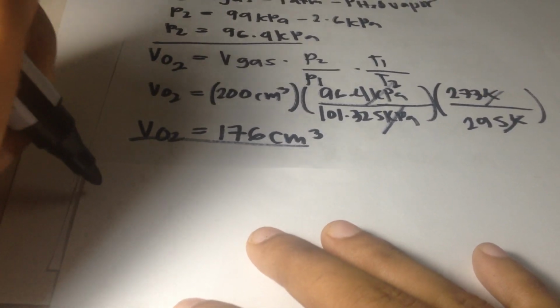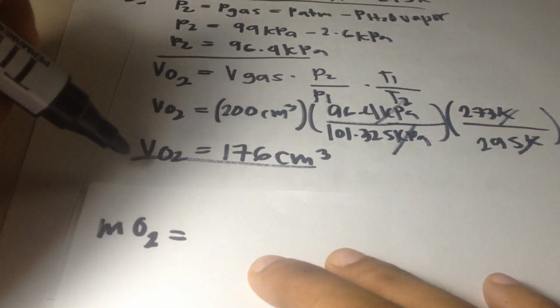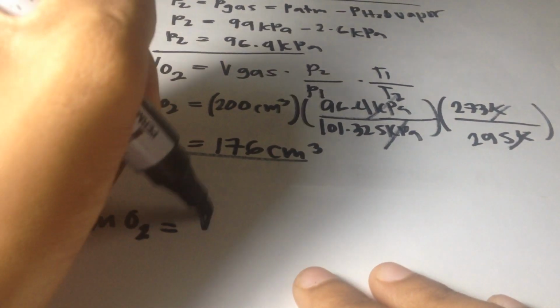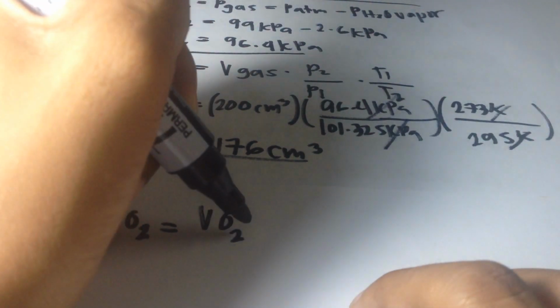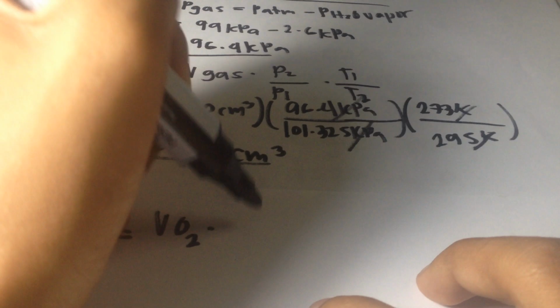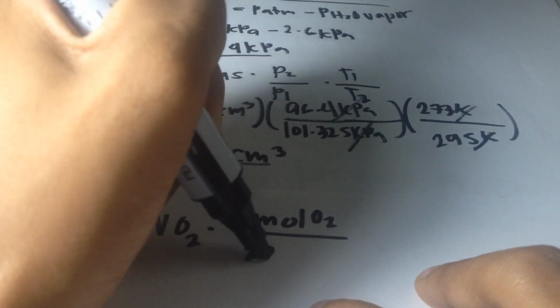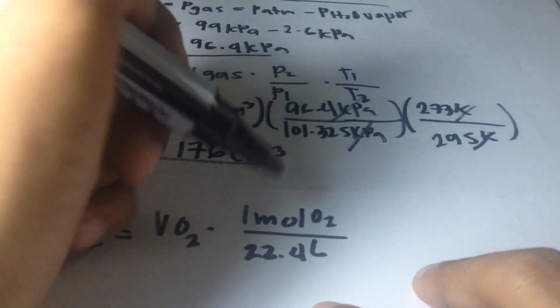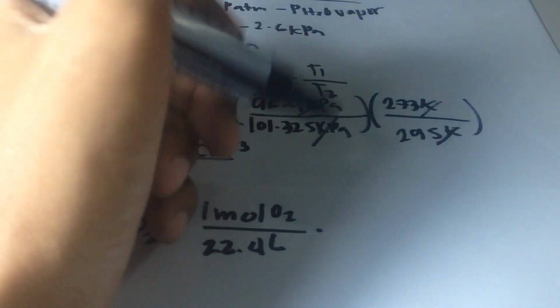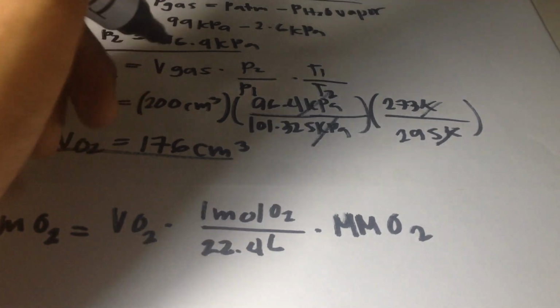The mass of oxygen gas is equal to the volume 2 times the ratio of 1 mole of oxygen gas over 22.4 liters, times the molecular mass of oxygen gas.